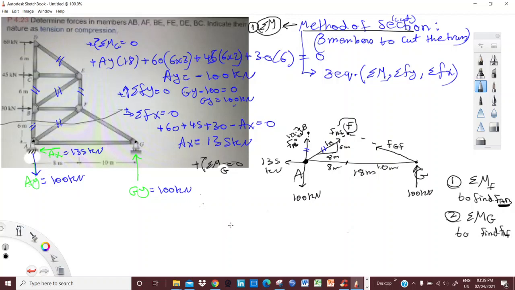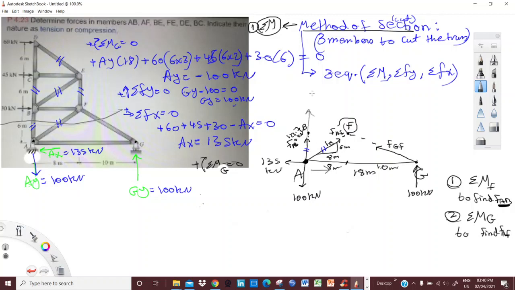Let's do it in a different color, let's take green. If you resolve FAF horizontally, we don't need it actually, because it passes through G, so just neglect the horizontal part. Let's take the vertical part, and assume it's going upward.